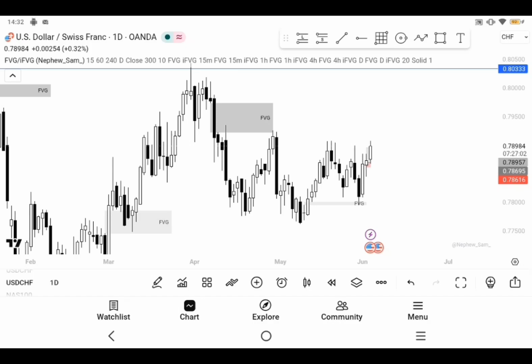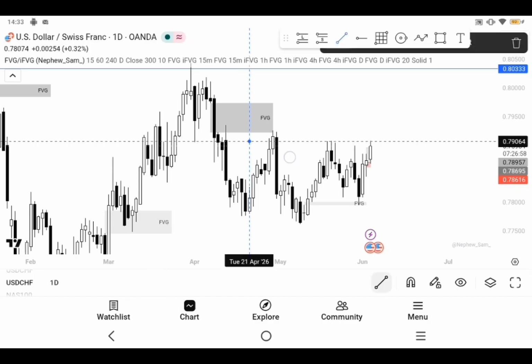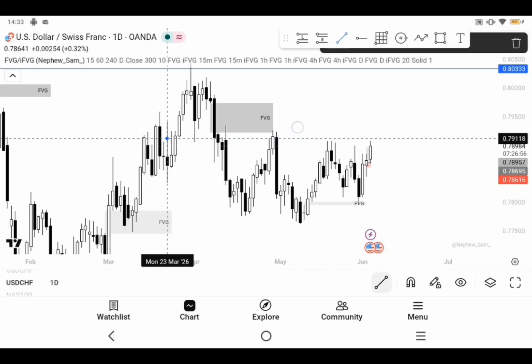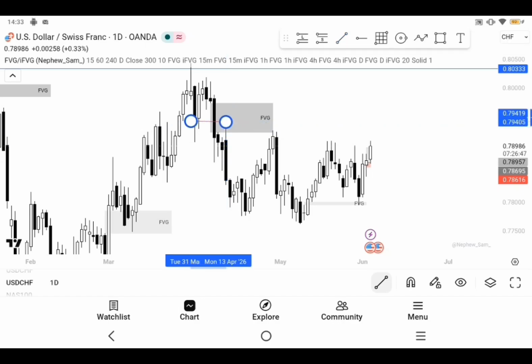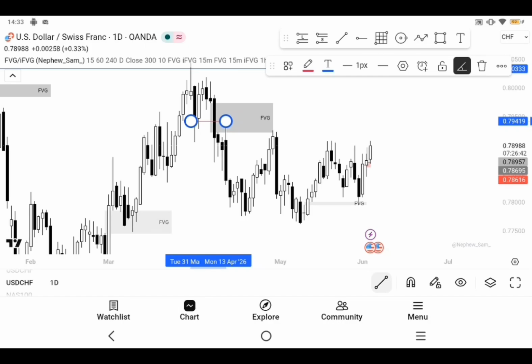If you watch here, the market has broken how many lows? It has broken this particular area, this particular structure. In fact, that was the first change in character. Then the next one is here.